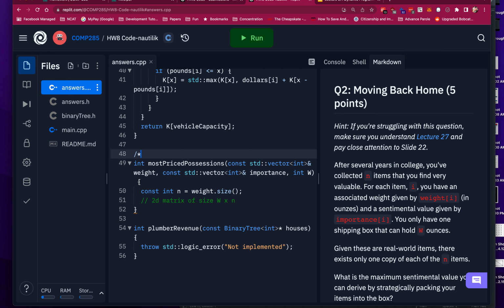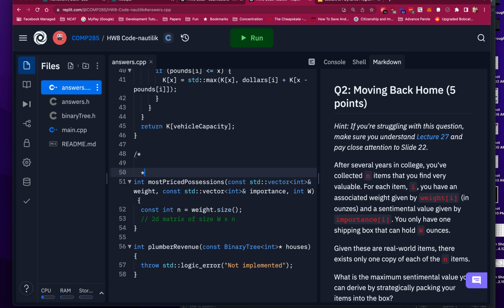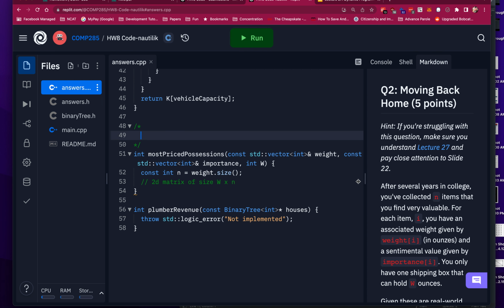So again, the key to this problem, and hopefully you understand this, the key to actually coding this up and why it works, is that when I'm trying to calculate, we have subproblems K of x, i.